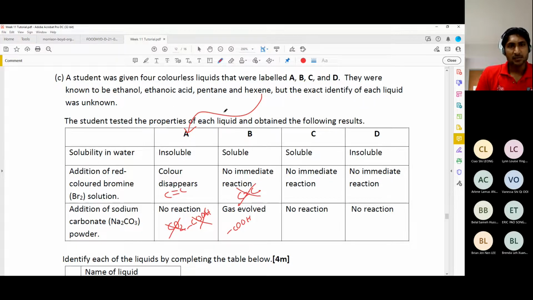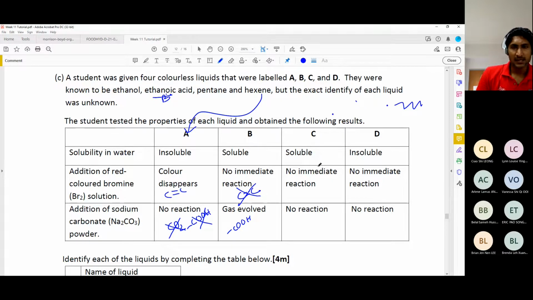And it is most probably ethanoic acid. So most probably B is ethanoic acid.